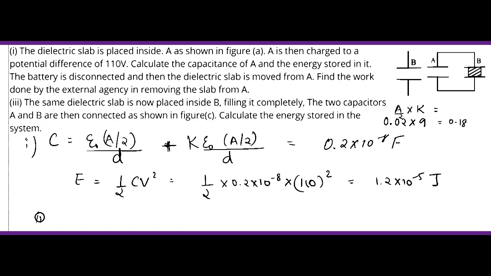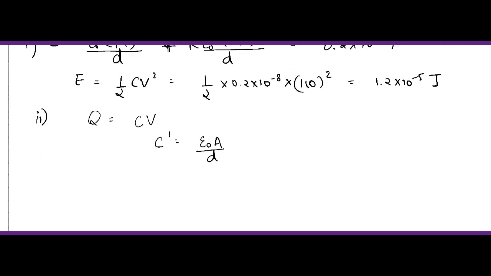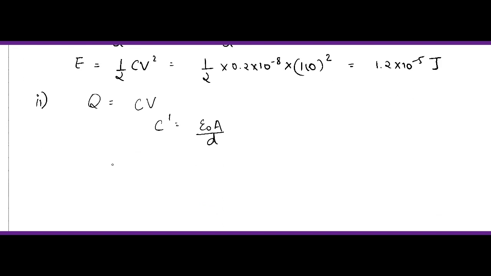The second question asks us if we move that dielectric. The battery is disconnected, and the dielectric slab is moved from A; find the work done. Since the charge is CV, the new capacitance would be equal to epsilon naught A by D. Now we can find the work done.